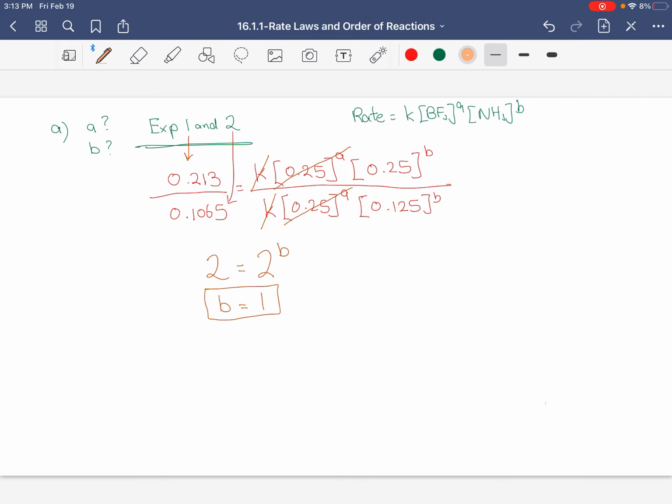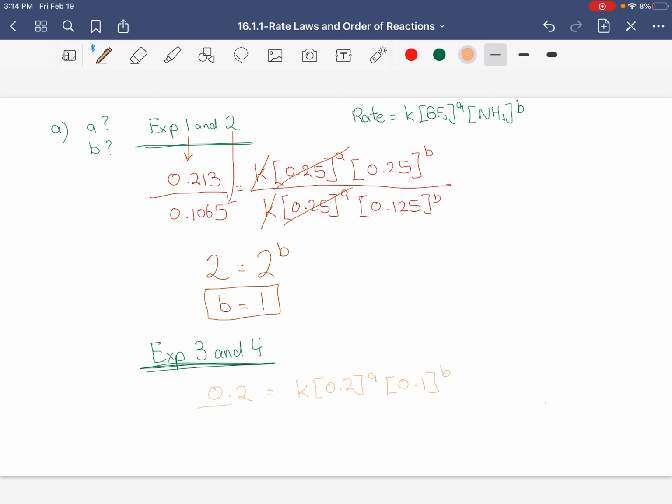Let's relate in this case experiment 3 and 4. Really doesn't matter what you pick. Experiment 3 is 0.2 is equal to K times 0.2 to the power of A times 0.1 to the power of B.